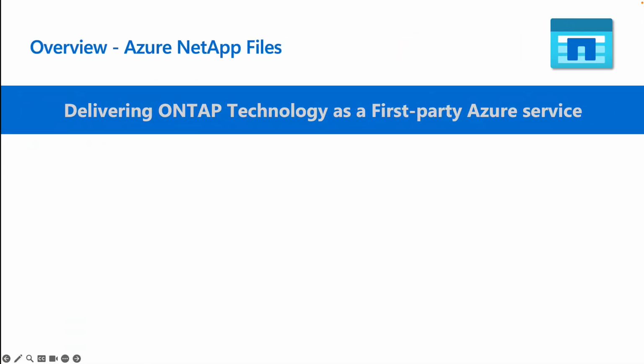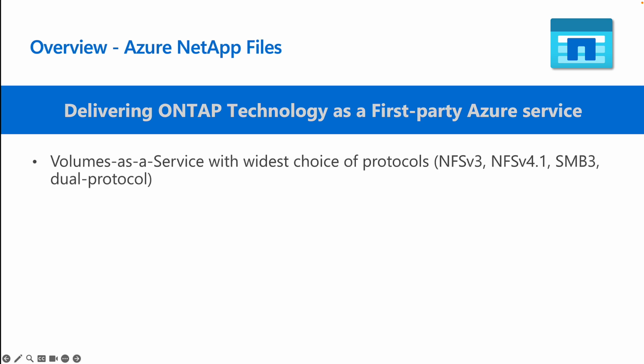Okay, let's have a brief overview of the Azure NetApp Files service. Azure NetApp Files delivers volume as a service with the widest choice of file protocols, NFS, SMB, and indeed dual protocol volumes. And that is a USP within the Azure ecosystem. Azure NetApp Files is the only file storage to offer dual protocol volumes.